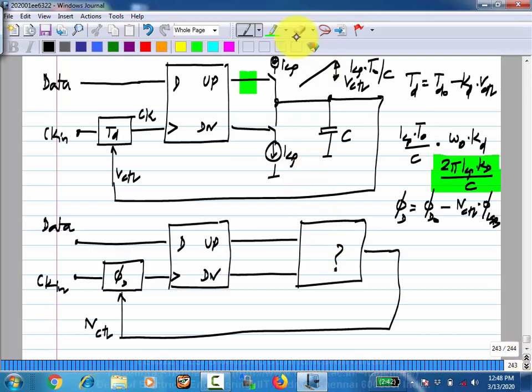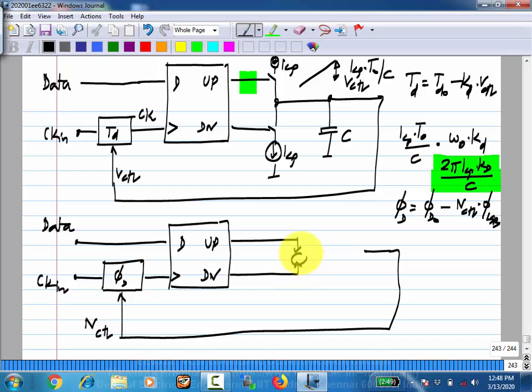So what should be inside this? It should basically be a counter, an accumulator. Essentially this is an integrator, so that should be an accumulator. What should be the input to the accumulator? Up minus down. So you need a digital subtractor.